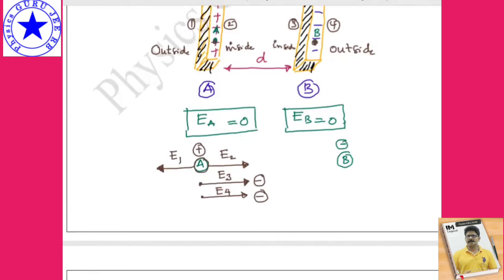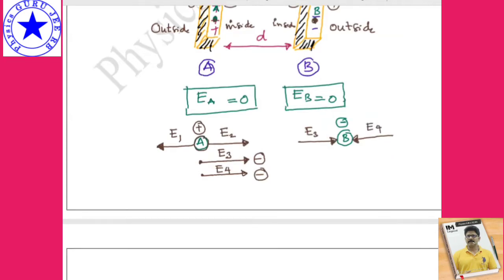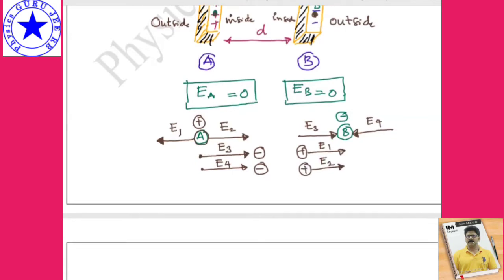So due to the third and fourth surfaces, E3 and E4 are towards the negative plate. Next, E1 and E2: for this positive charge, the field is away from the positive charge and towards plate B, so we get E1, and similarly we get E2. So these are the total electric fields at point A and point B.